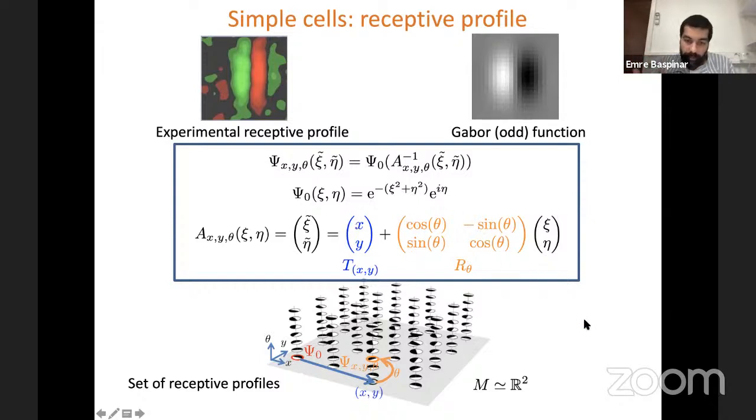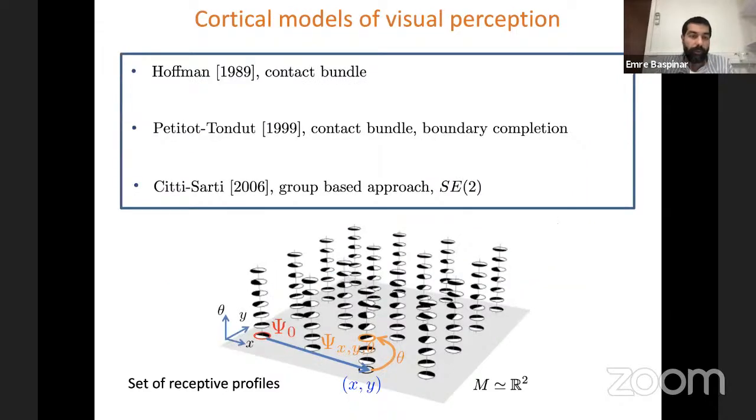And this set of receptive profiles is associated with the well-known hypercolumnar architecture of the primary visual cortex, the architecture which was discovered and reported by Hubel and Wiesel in their Nobel Prize work. And this hypercolumnar architecture was proposed to be modeled by Hoffman in terms of a contact bundle structure. Later on, by Jean Petitot and Yannick Tondut, this idea was improved further.